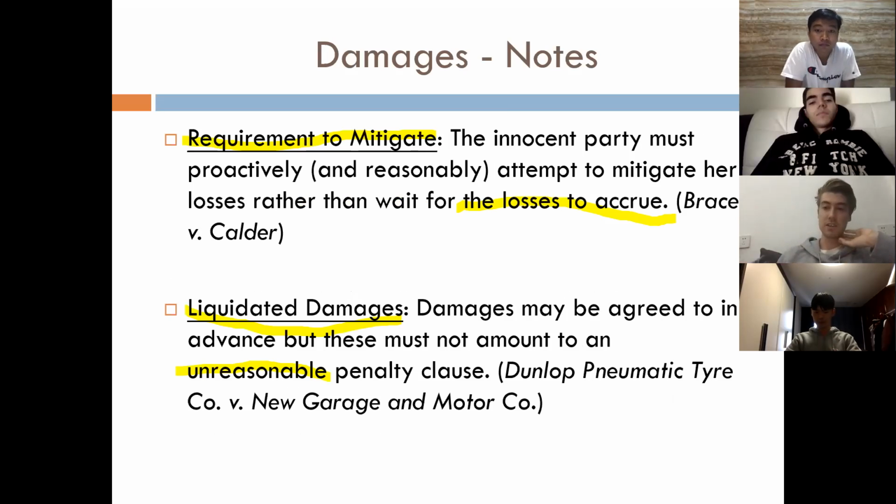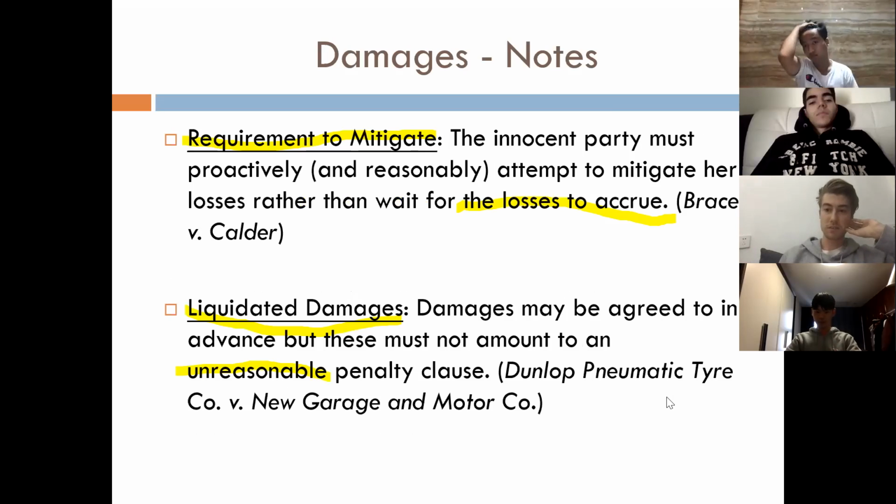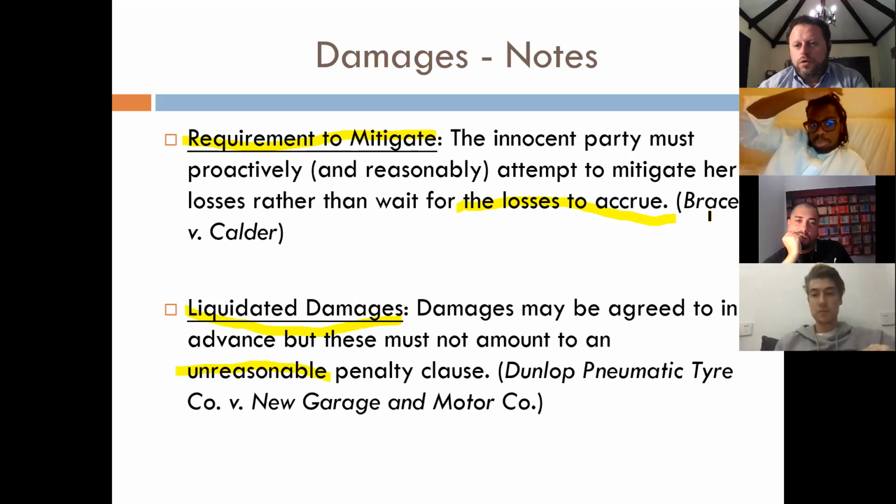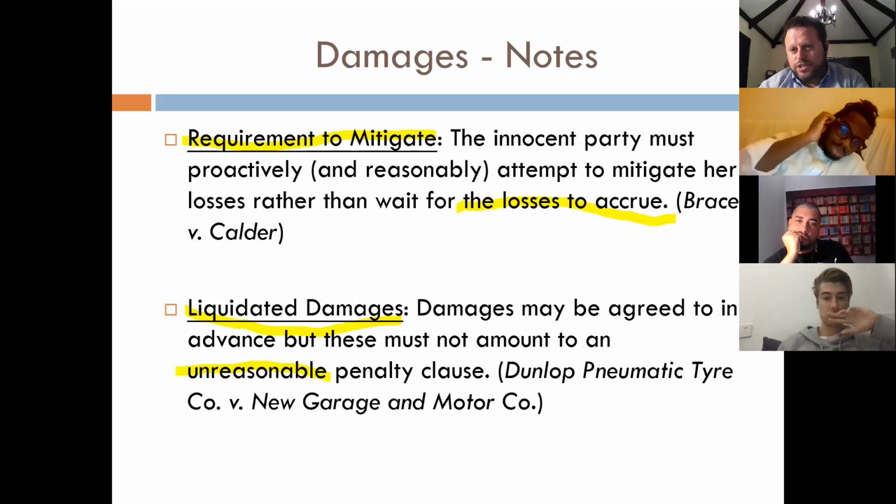You can't just sit around and wait for the losses to get bigger. Sure, that's right. So if you have losses, you have to do something about it. You can't just sit around and wait for your losses to get bigger. That's the requirement to mitigate.